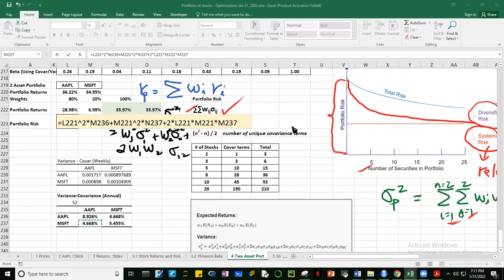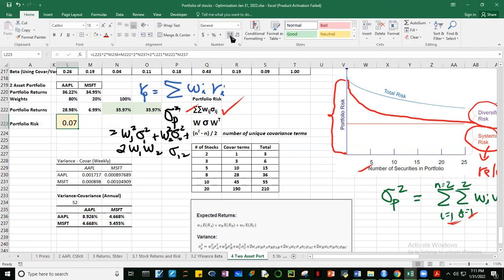Okay, and then Control Enter. Let me make it a percentage.